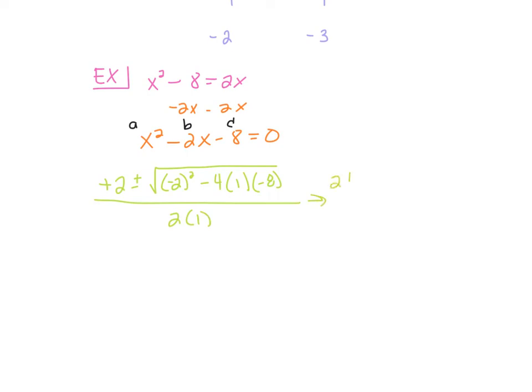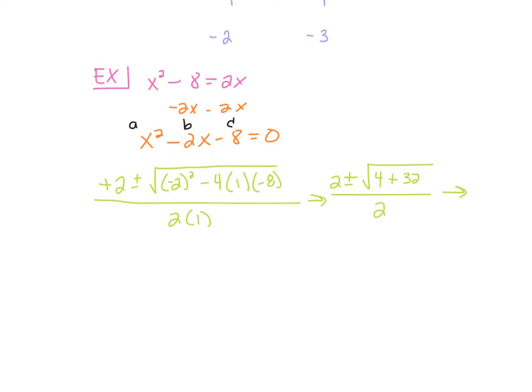So we get 2 plus or minus the square root. Negative 2 squared is 4. Negative 4 times 1 is negative 4 times negative 8 is a positive 32, all divided by 2.